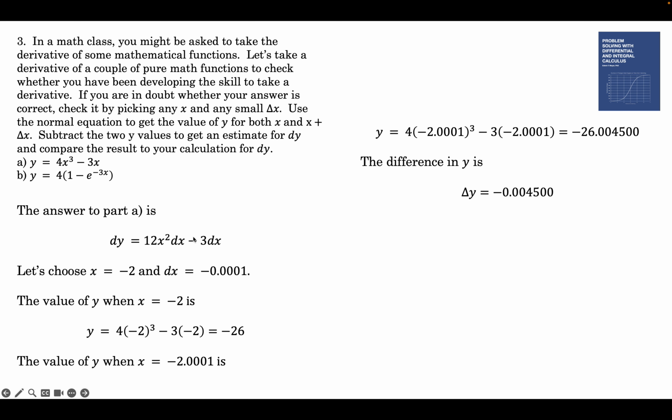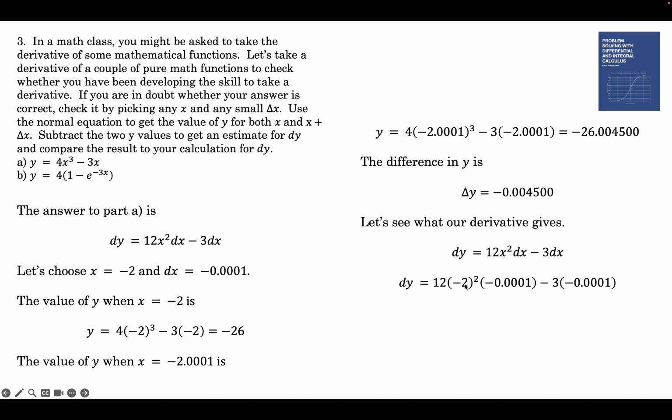Now we're going to see the shift with the difference equation, the derivative. Let's see what the derivative gives. So we're at 2 and we're shifting by 0.0001. We want to see what dy is. So we plug in 2 for x and 0.0001 for dx.